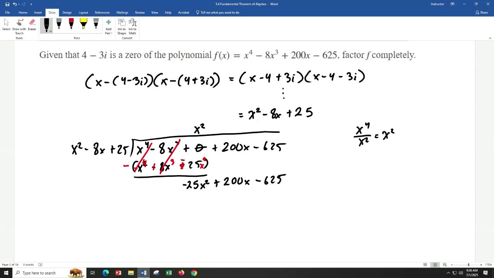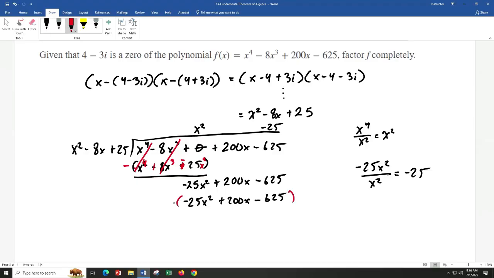And then we do the same thing again, don't we? Negative 25x squared divided by x squared is just going to give me what? Negative 25. So that negative 25 will go right over here. Put everything back together, and I'm going to get a negative 25x squared plus 200x minus 625.